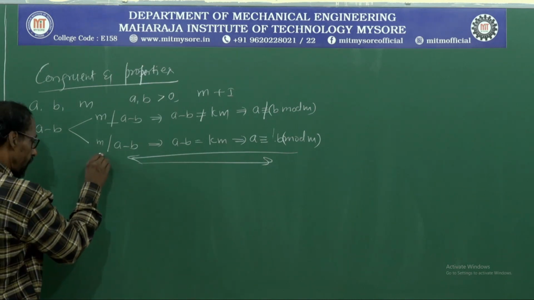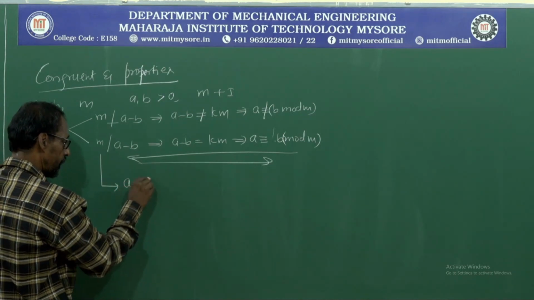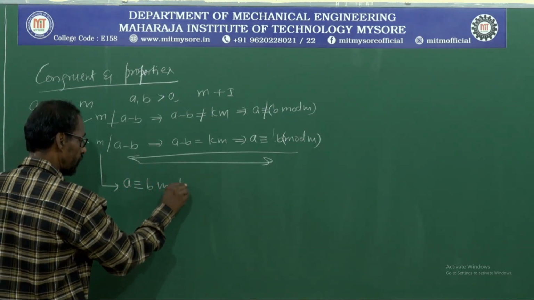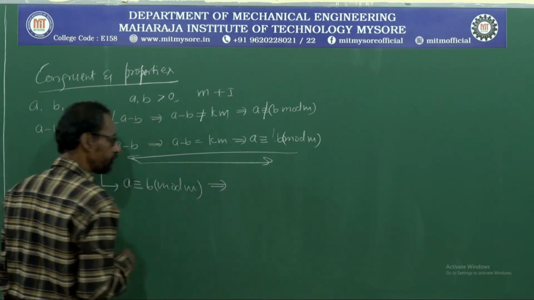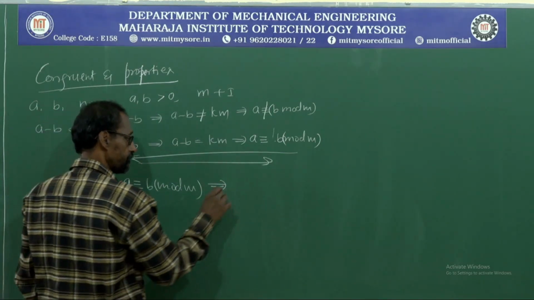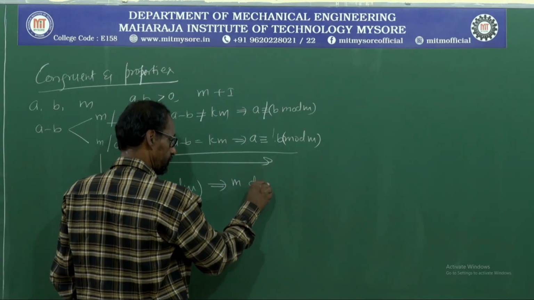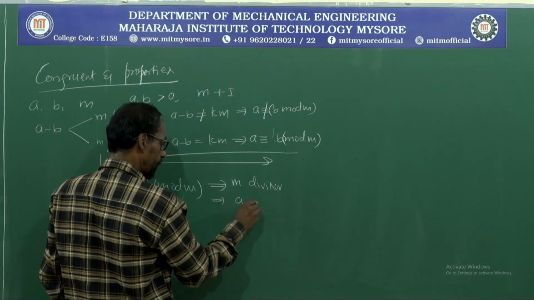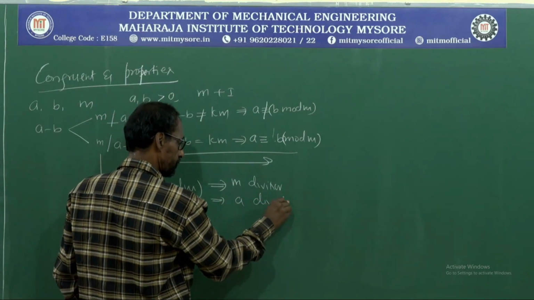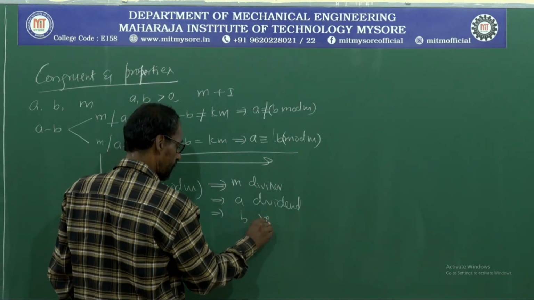What do we mean by a congruent to b mod m? By the division algorithm, m is the divisor, a the dividend, and b the remainder.